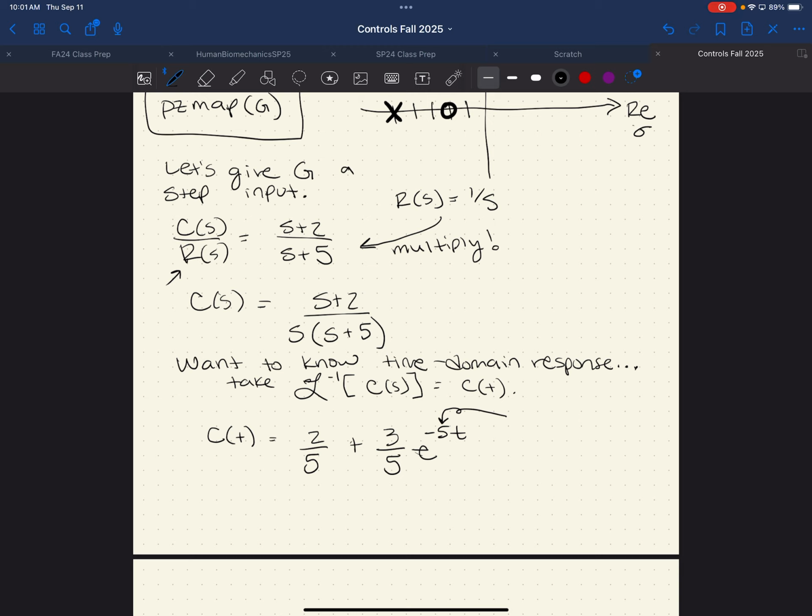Tell me about what happens here. Why did we have this term? That's because of the 1 over S, yes. This portion is called the forced response.